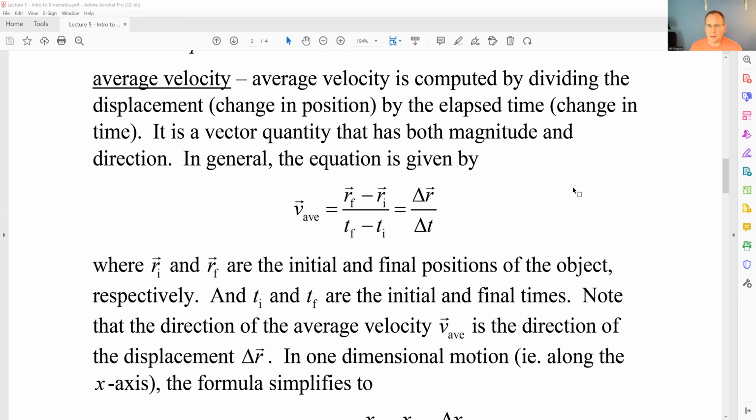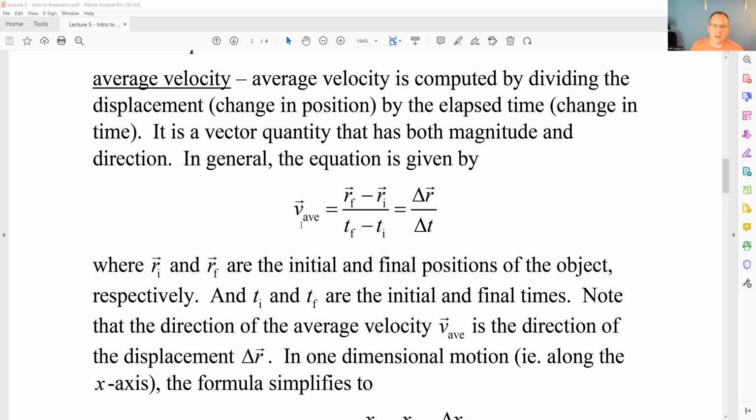In general, the equation is given by the following. Remember, it's the change in position. So if I take my final position of the object minus the initial position of the object, that's going to be the change in position, delta r. And I divide that by the final time minus the initial time, that's going to be the change in time.